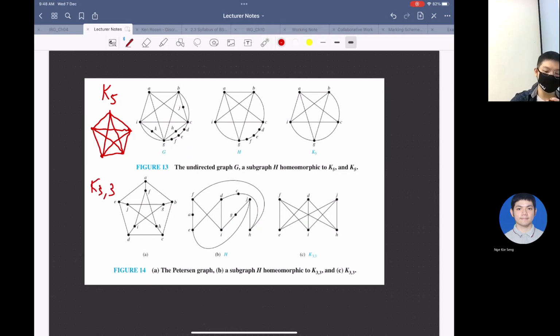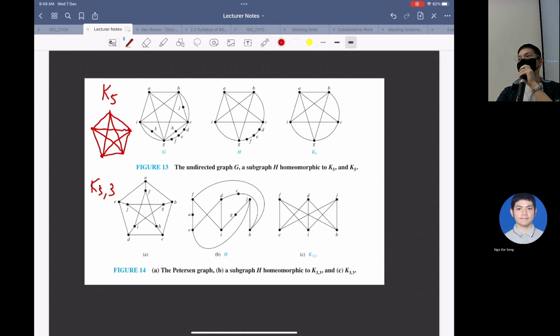So that means all non-planar graphs must build up from K33 and K5. In some sense, these two are like the basic non-planar graphs, and everything else is just added on to K5 and K33. Understand?